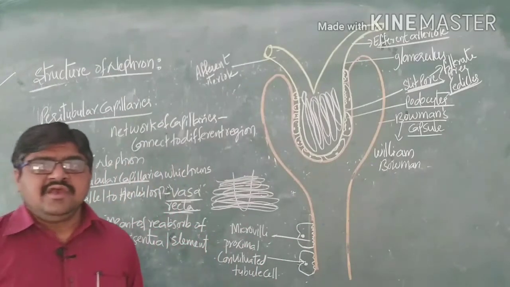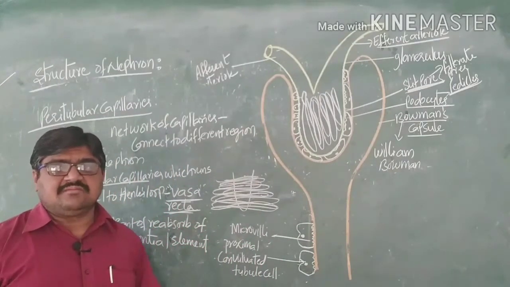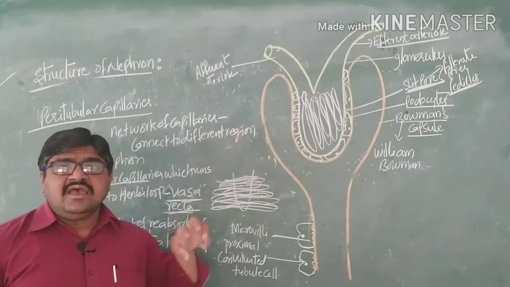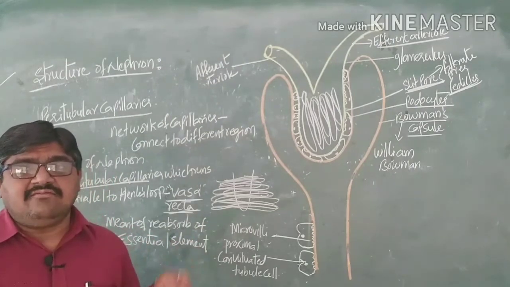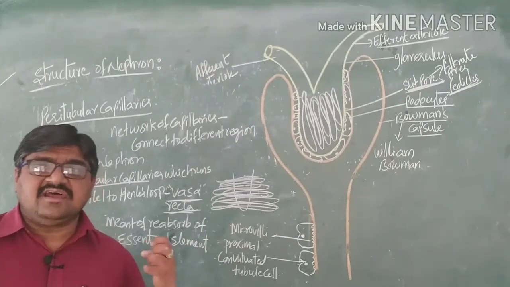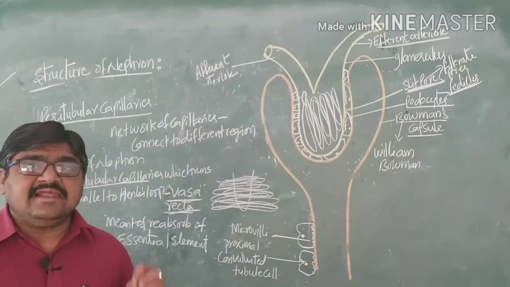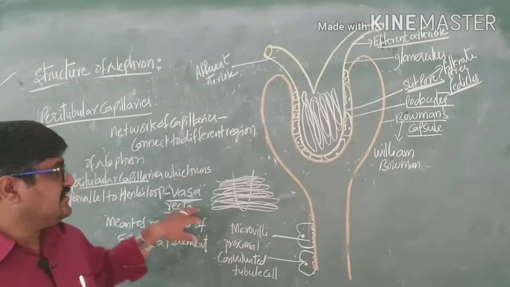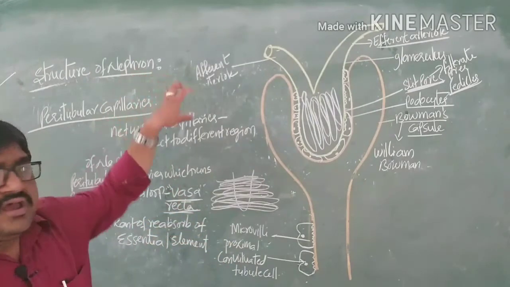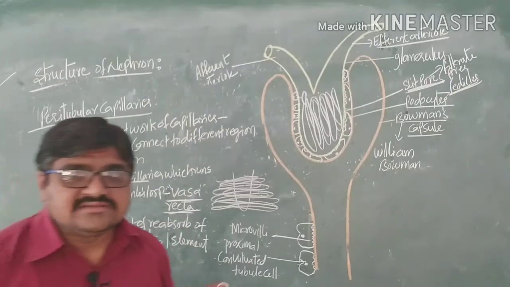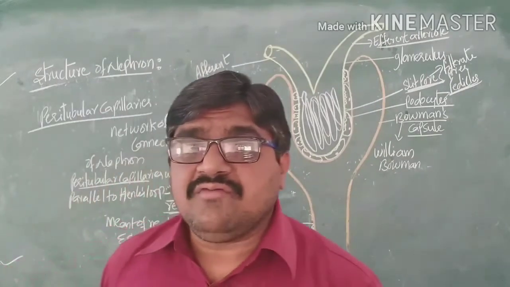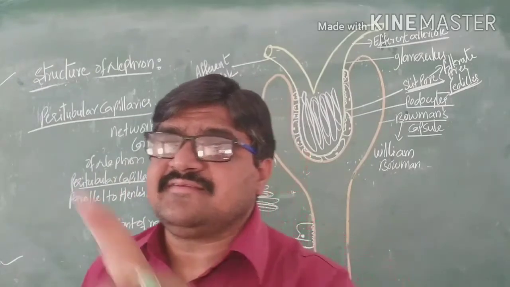These are the different parts present in the nephron, and each part has its own importance, helpful for absorption of essential or non-essential elements. Now coming to the last one, that is the functions of the kidneys.